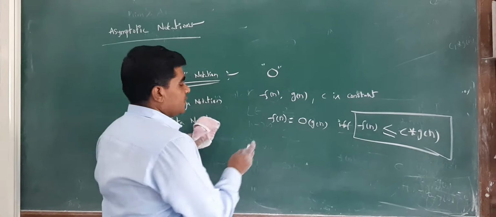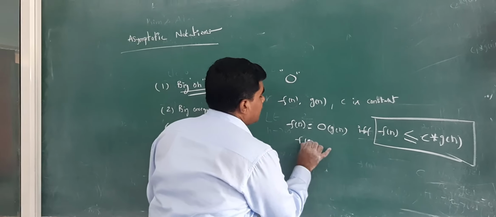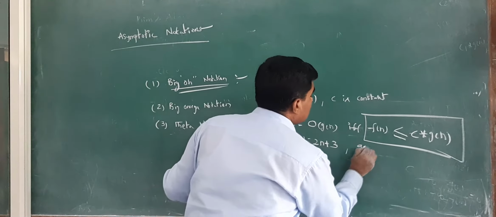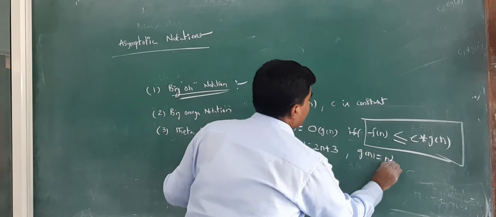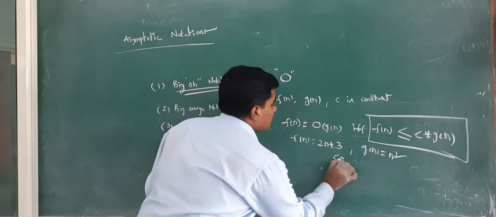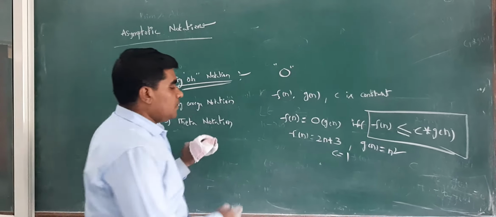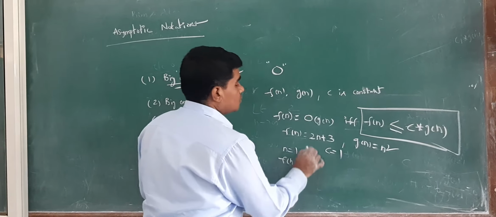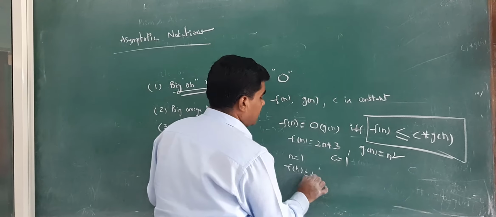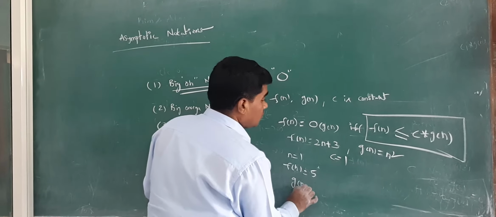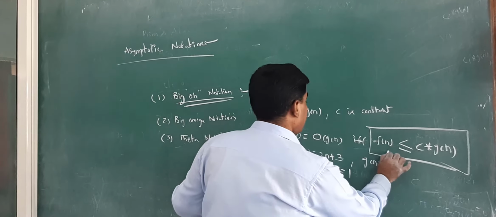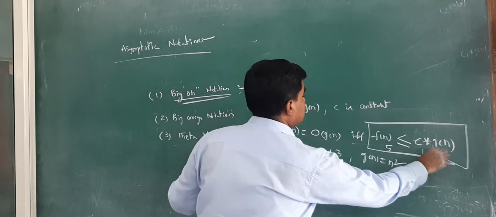We have to prove that. Suppose f of n equals 2n plus 3, g of n equals n square, and c equals 1 constant. For n equal to 1, f of n equals 2 plus 3, that is 5, and g of n equals 1. So the condition fails.